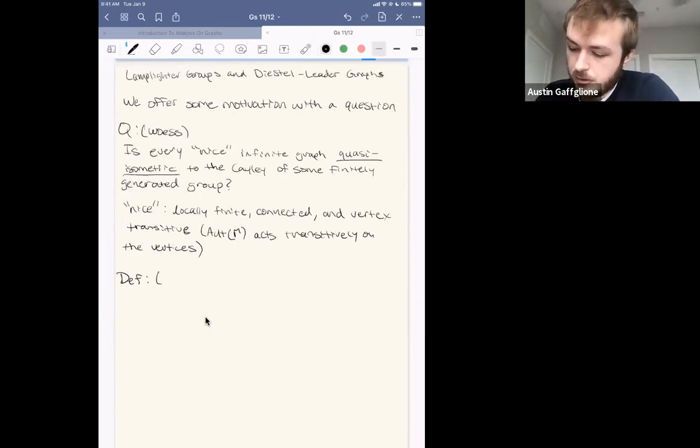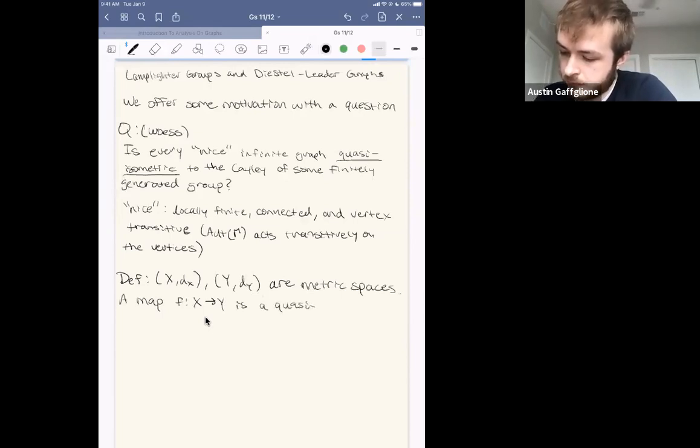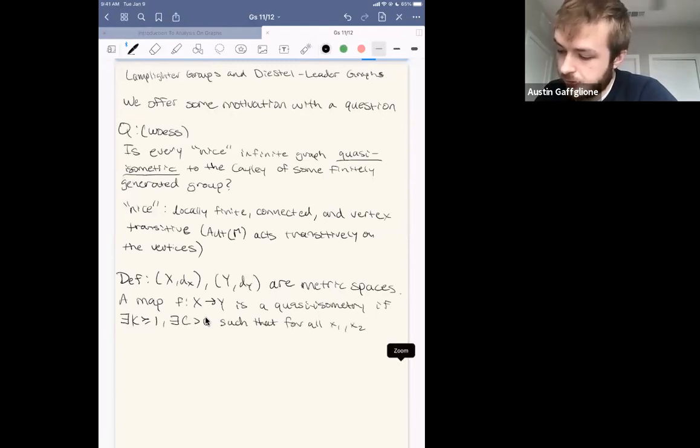If I'm given two metric spaces, X with metric d_X and Y with metric d_Y, we say a map F from X to Y is a quasi-isometry if there are two global constants, K and C, where K is greater than or equal to 1 and C is positive, such that for all x1, x2 in my space X, and for all y in my metric space Y, we have the following two inequalities.